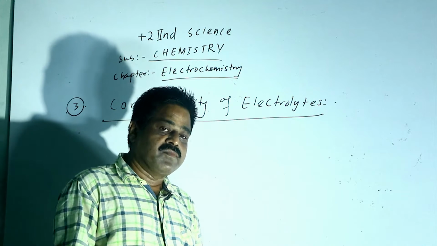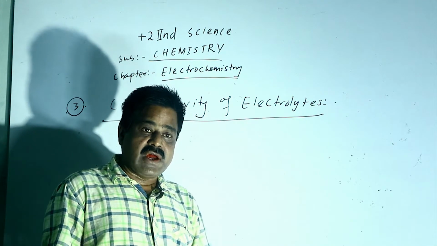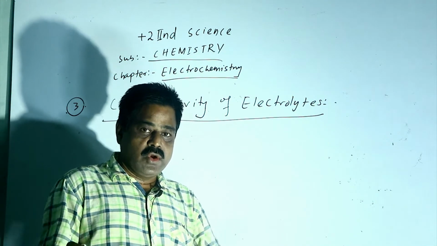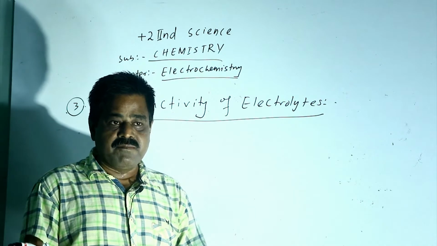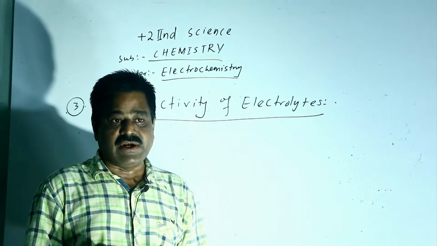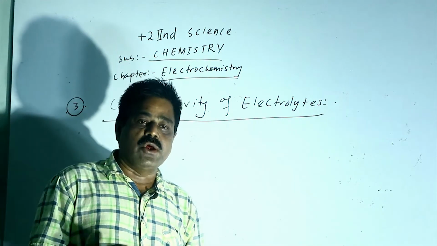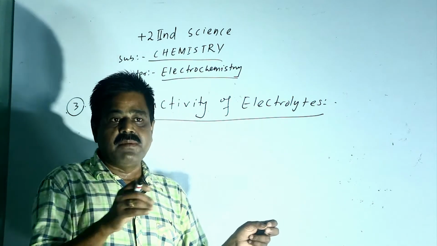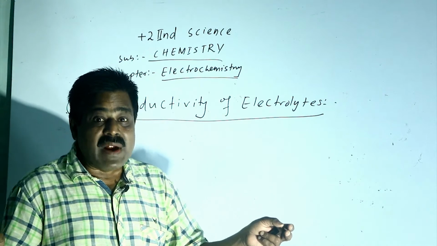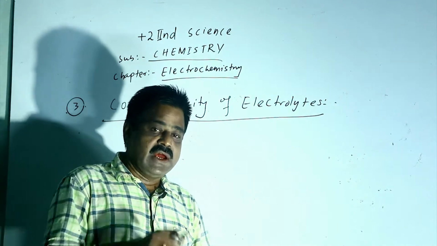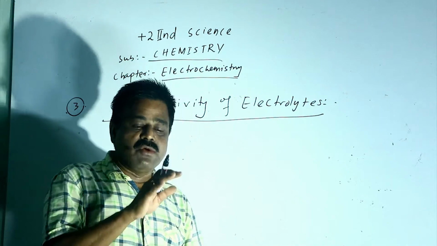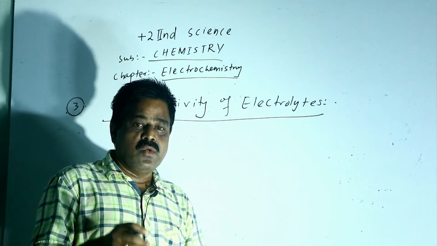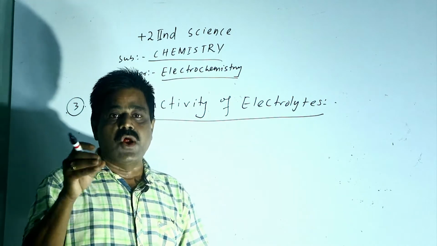So let's now consider, we are always considering that the conductivity character of an electrolytic solution can be compared with the conductivity character of a metallic wire. In a metallic wire, during conductance, we have to follow Ohm's law.